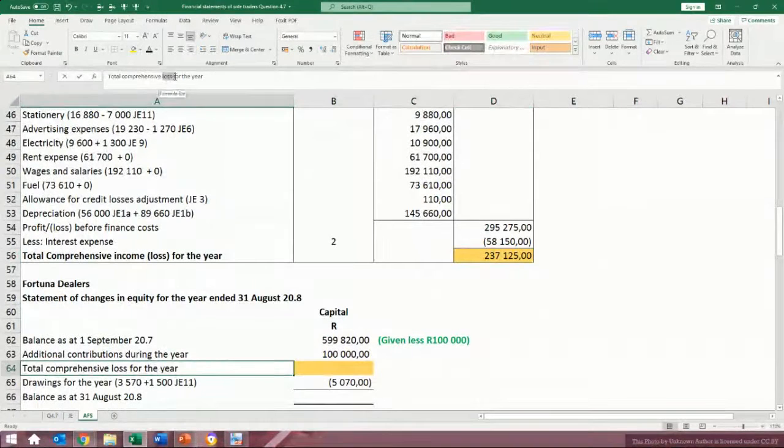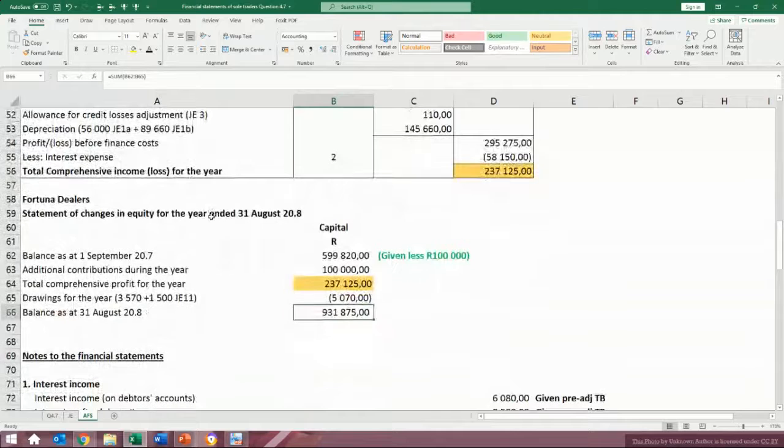Now our comprehensive profit, as it is a profit, would equal in our statement of changes what we've calculated to work out the capital at year end, which is the 931,000. Okay, so that is how you do the statement of profit and loss and statement of changes in equity.